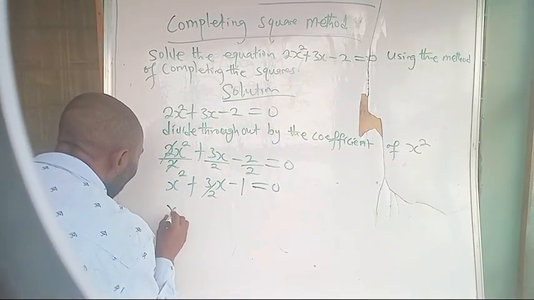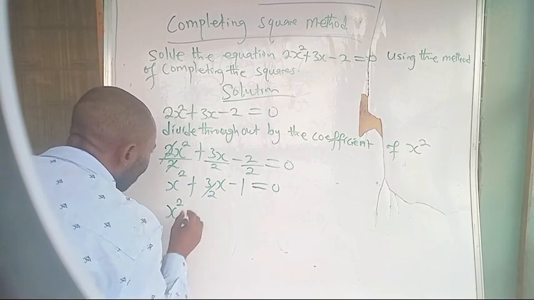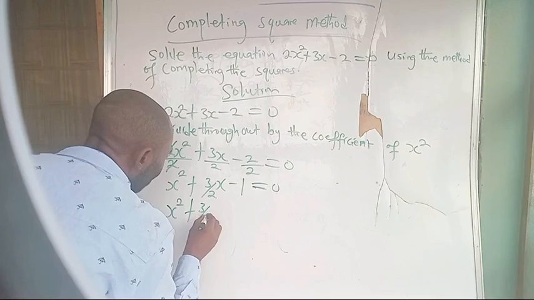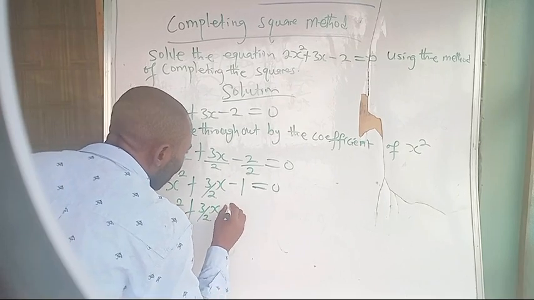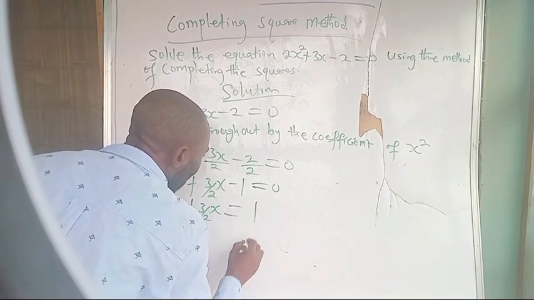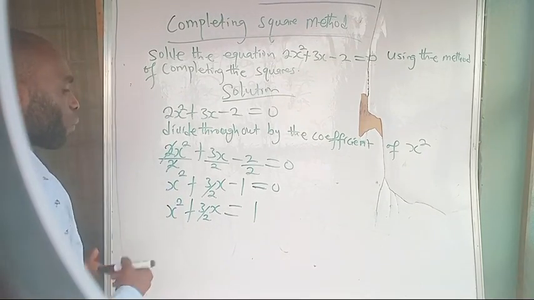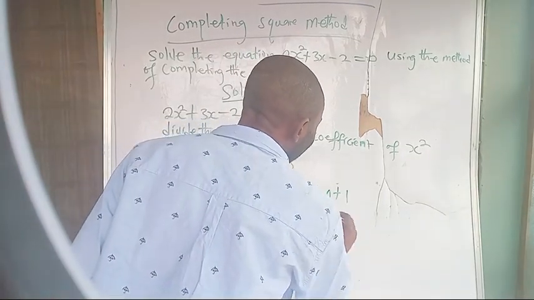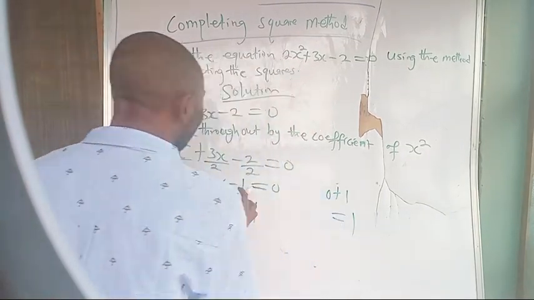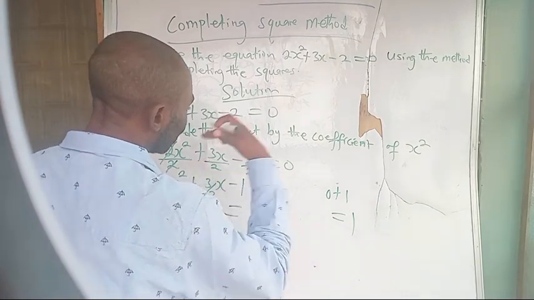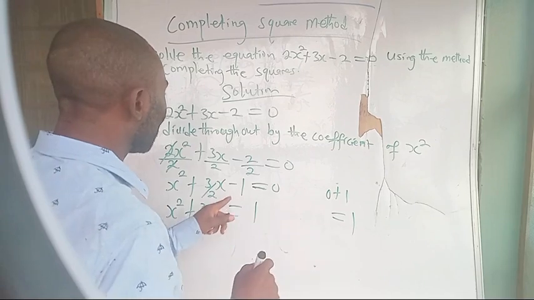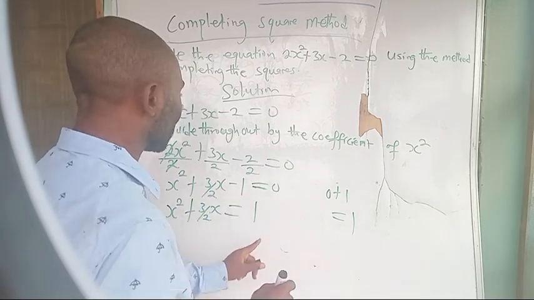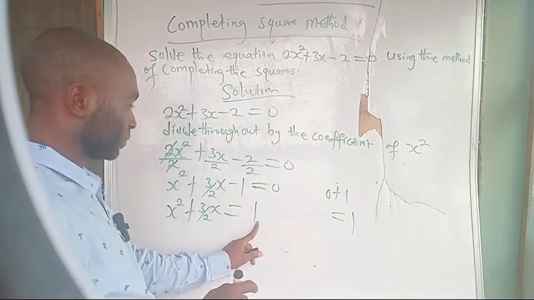The equation will now be x squared plus 3 all over 2 x is equal to 1. Why? Because 0 plus 1 is the same thing as 1. When we take this minus 1 to the other side, the sign changes to plus. So 1 plus 0 is just 1.